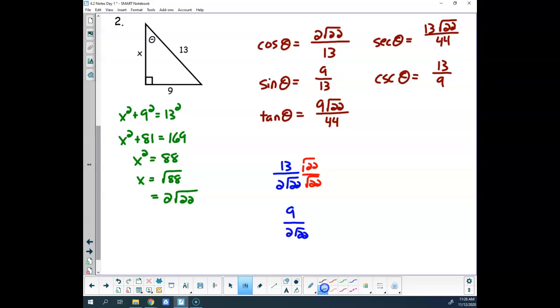And the cotangent of theta would be 2 square roots of 22 all over 9.